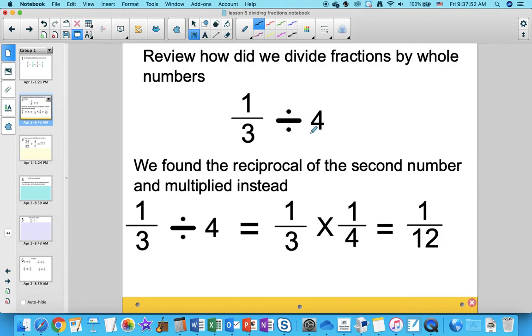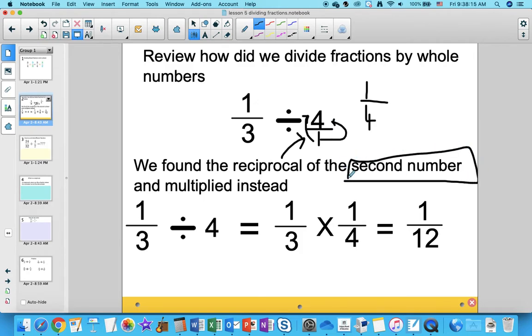If I have 4, which is the same as 4 over 1, the reciprocal of 4 is 1 over 4. That's what a reciprocal is, flipping the fraction. Don't flip the first one, flip the second number. So what you do is you find the reciprocal and multiply by the second number.